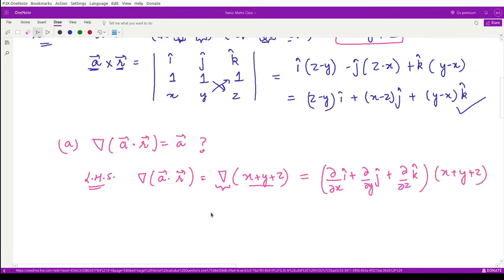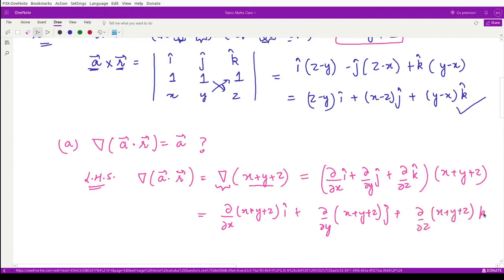That means you can separate out the terms. You have del by del x of x plus y plus z i cap, then del by del y of x plus y plus z j cap, and then del by del z of x plus y plus z k cap, right?